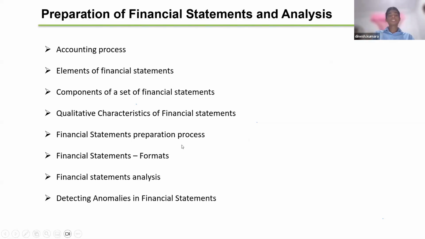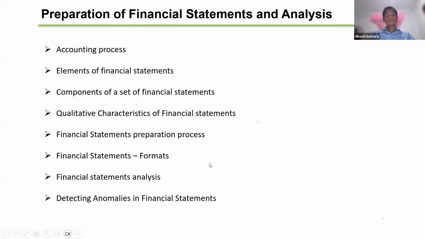We are learning not to prepare the financial statements, but to analyze, and sometimes to understand the anomalies of the financial statements and detect some errors and frauds relating to financial reporting. Those are the purposes why you are understanding this preparation process.